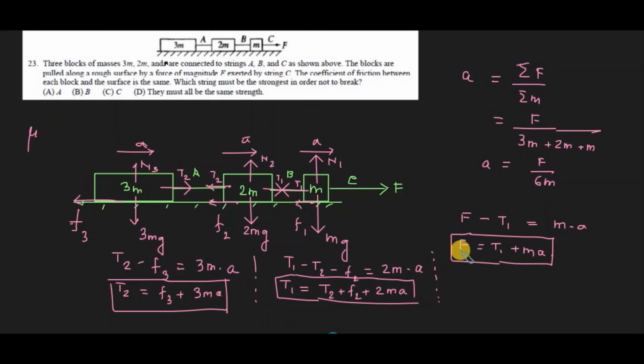Easily you can compare that F is higher than T1, since an ma component is added to T1, and similarly T1 is greater than T2, since with T2 a frictional force and 2ma are added. This means F is the maximum force, and it is coming on string C. So the answer to which string must be strongest: the C string must be the strongest.